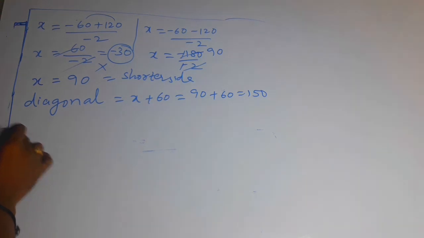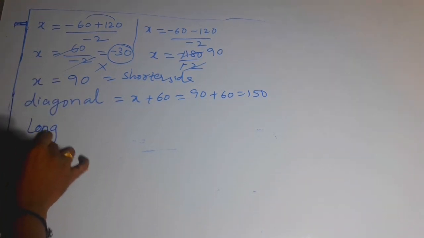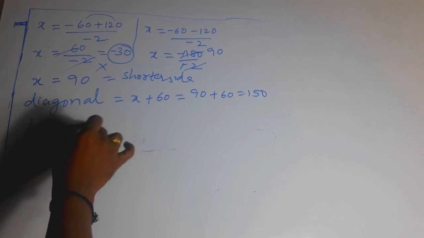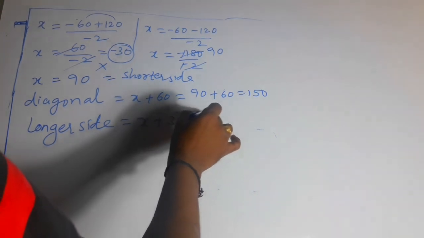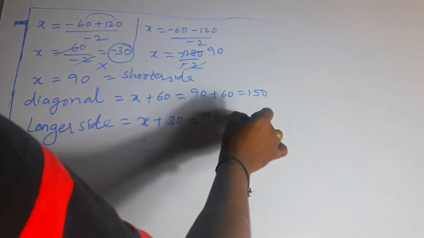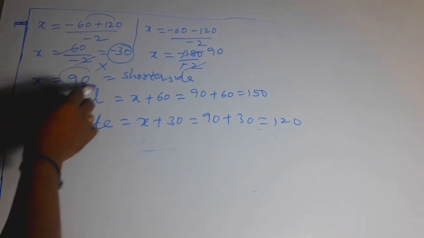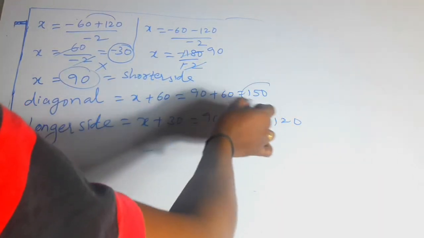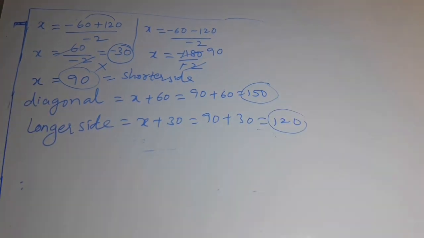The length of the longer side is x plus 30, so 90 plus 30 is 120. Therefore the shorter side is 90 meters, the diagonal is 150 meters, and the longer side is 120 meters.